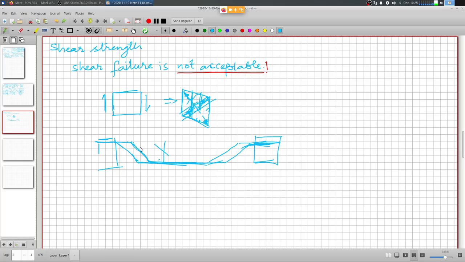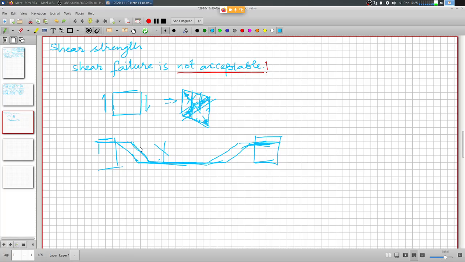But the effort involved was much more. Obviously you needed a much more skilled bar bending schedule, and the workmanship was required to be of a very high caliber to bend these bars correctly at the correct length, properly mark them, and then continue them beyond the bent up region.